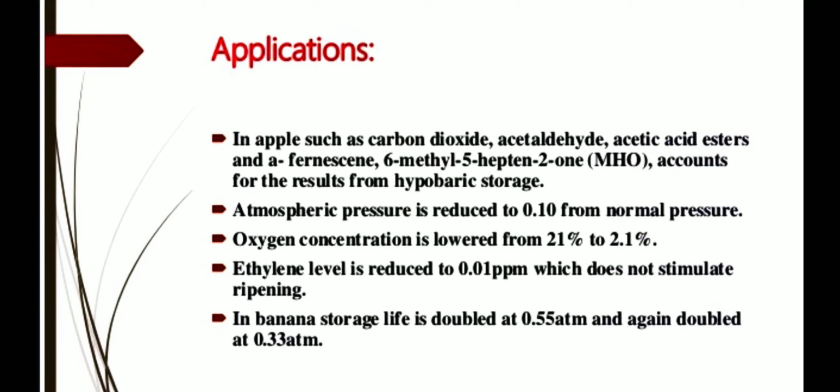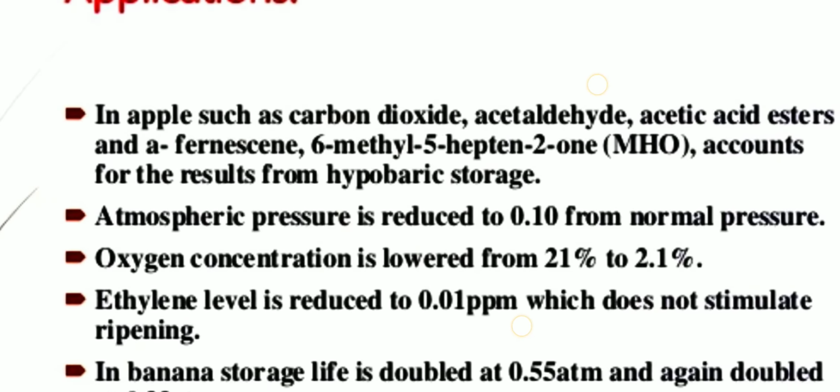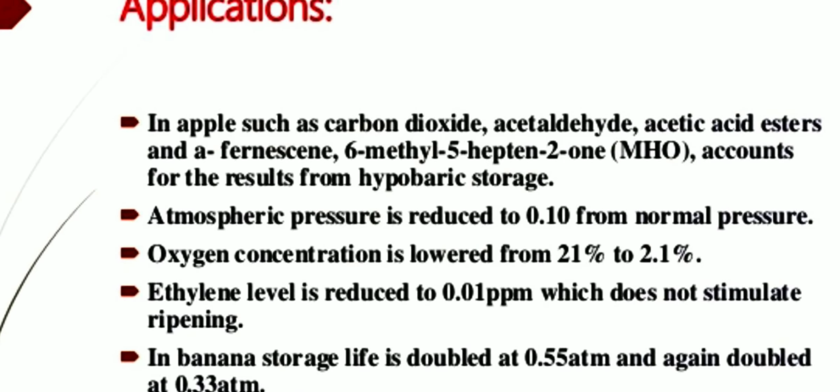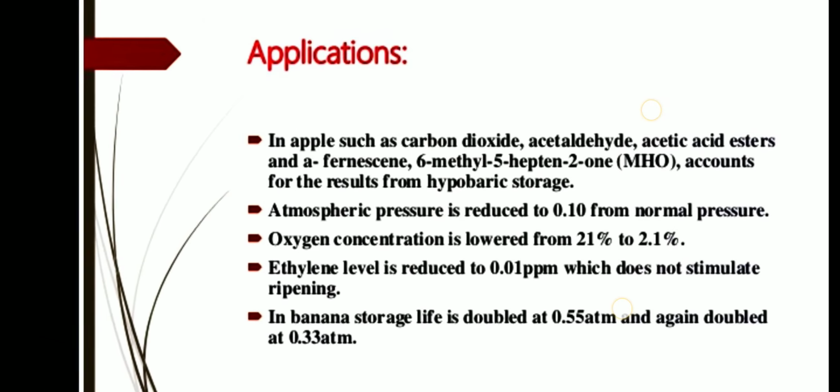And then there is an example of banana, and these are the byproducts of the apple respiration, in which acetic acid esters and so on, these are all things which are released during the respiration and result from hypobaric storage. I think it is clear.